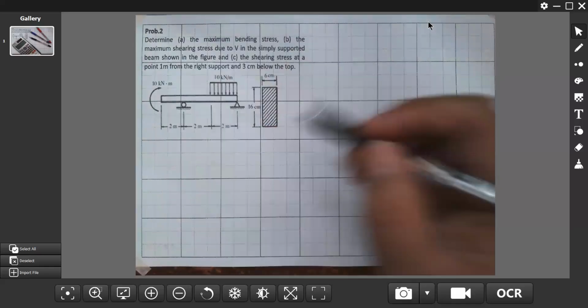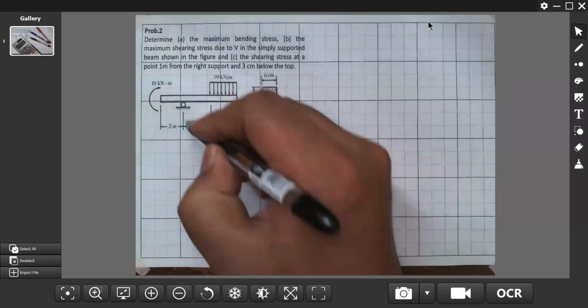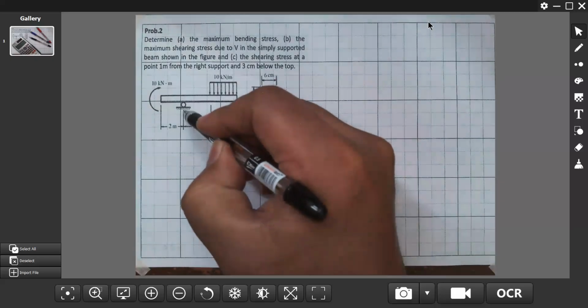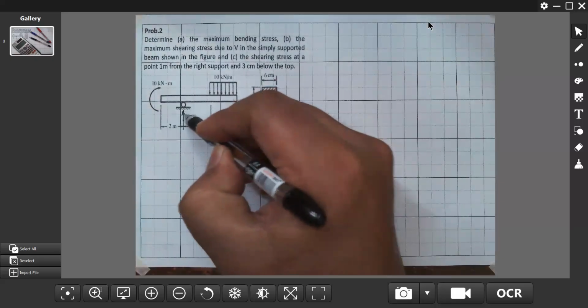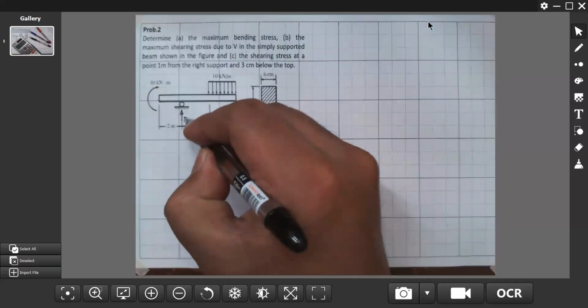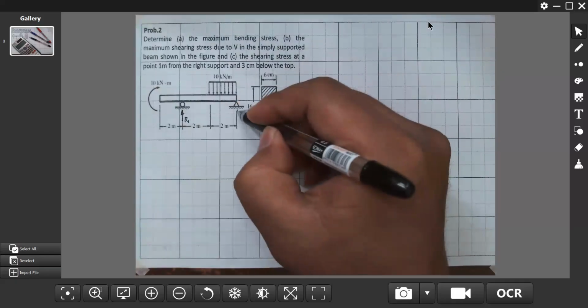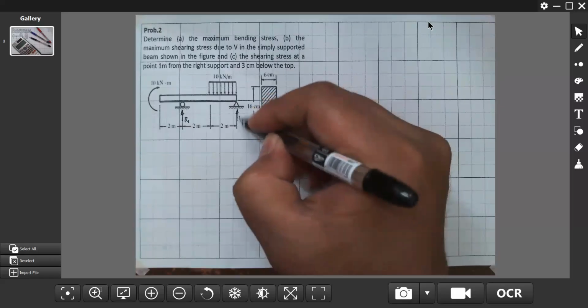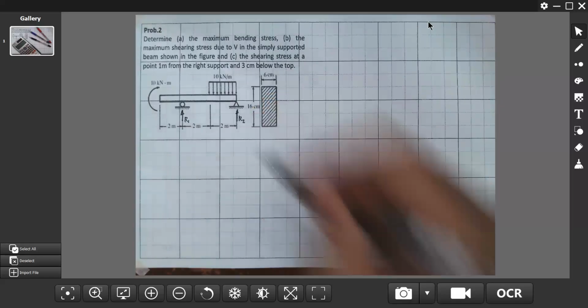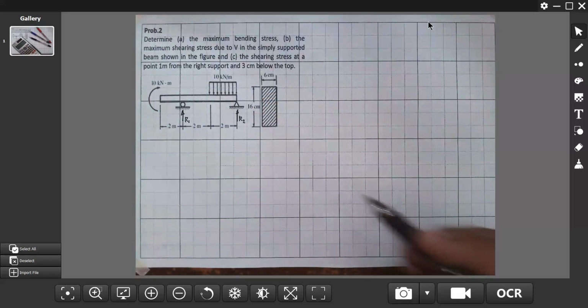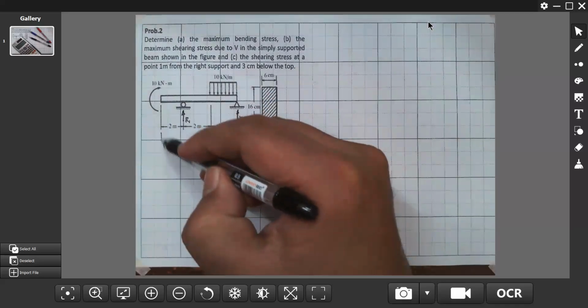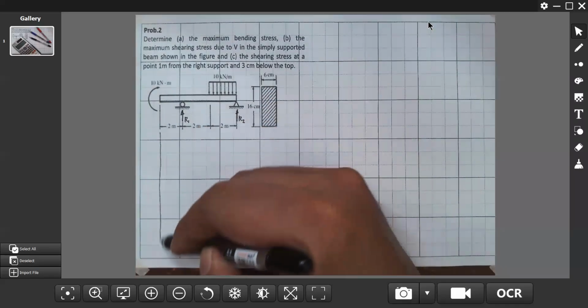So first is to solve for the reactions. Let's denote this one as R1 and then this one as R2. Okay. And let's draw first lines for our diagrams.